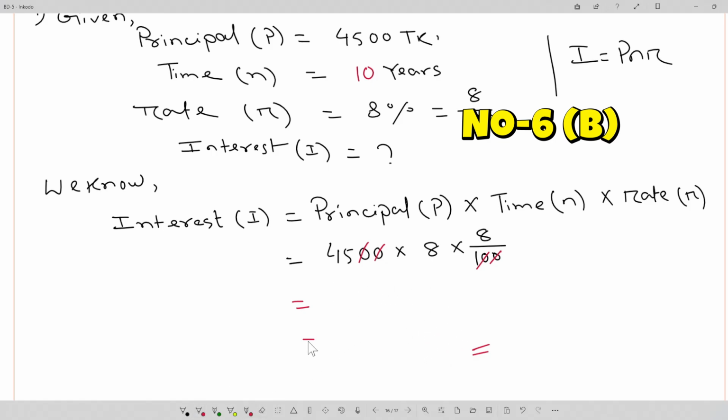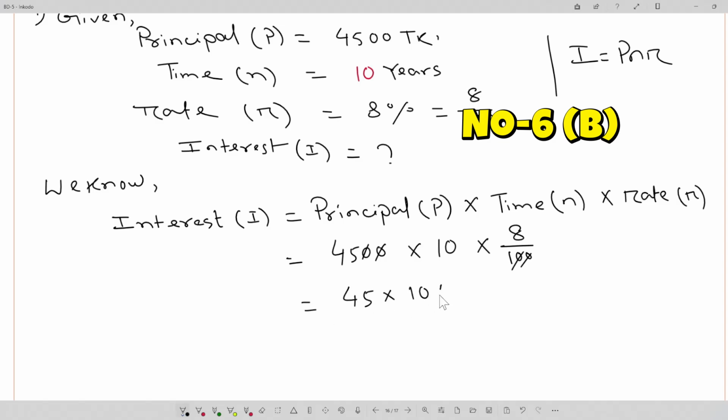So here time will be changed, or we can write from the beginning. It means principal 4,500 taka times time 10 years times rate 8 by 100. So 0 and 0, 0 and 0 cancel out. So here is 45 times 10 times 8.